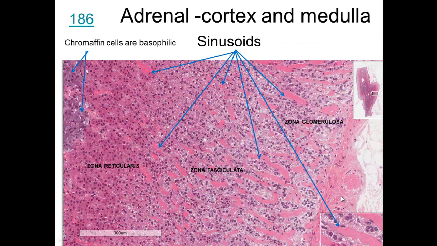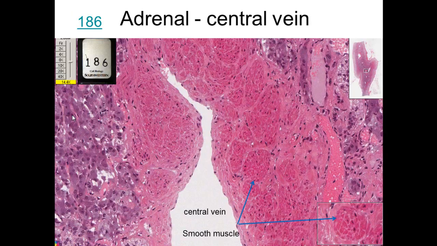So if this is a capsule here, blood percolates down through there. These are fenestrated capillaries, and then these cells, the cords of cells, are the fasciculata, reticularis, and glomerulosa, and so the fluid percolates down through there. These are chromaffin cells located in the medulla.